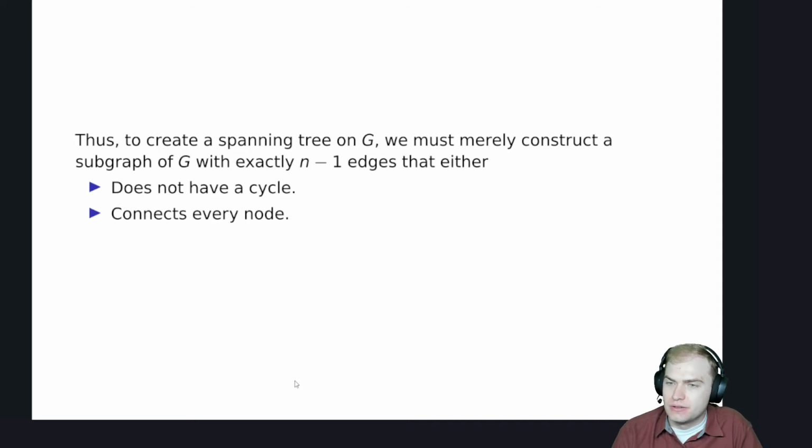So here it is stated slightly differently. To create a spanning tree on G, we must merely construct a subgraph of G that has exactly n-1 edges that either does not have a cycle or connects every node. And this gives rise to two different algorithms, two very popular algorithms that we'll discuss and show examples for.